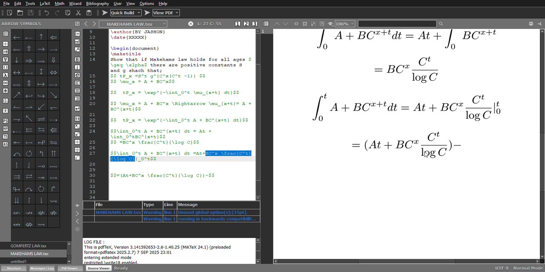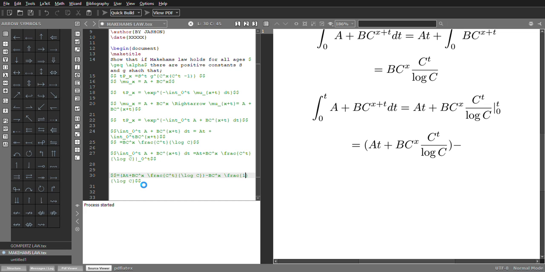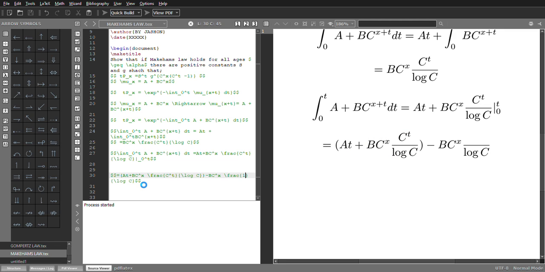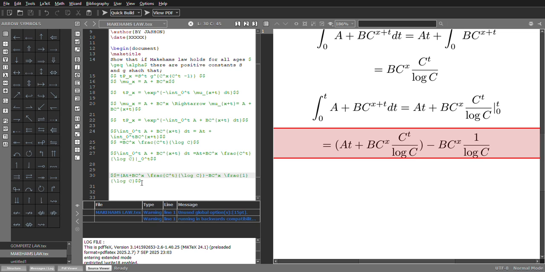So let's subtract that. The one did not appear. It has to appear. Yeah, that way.